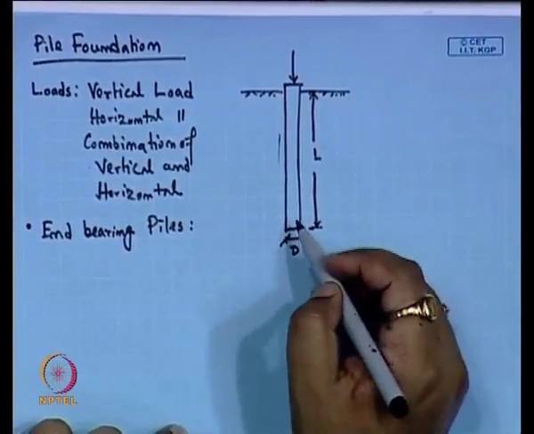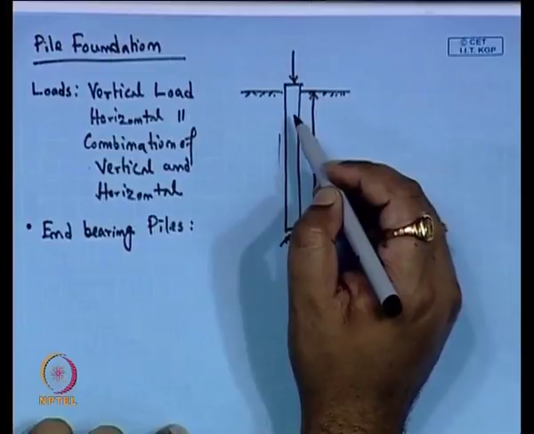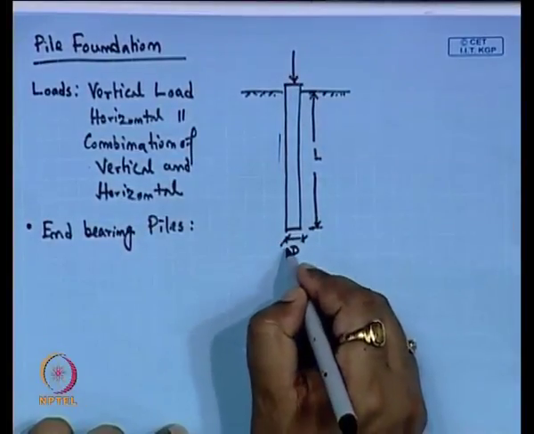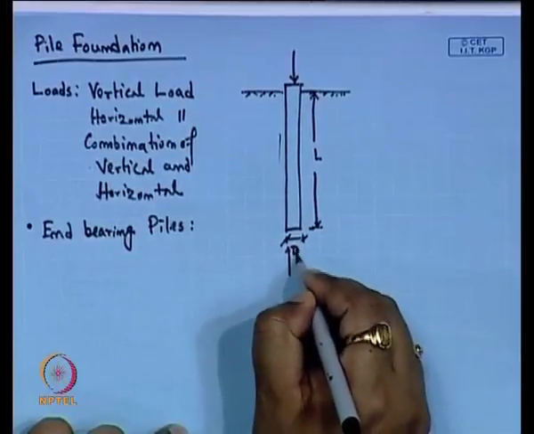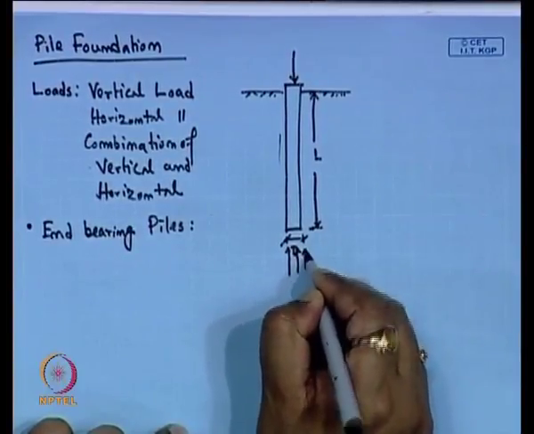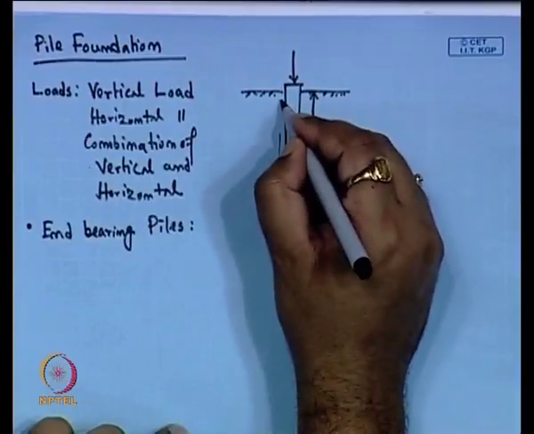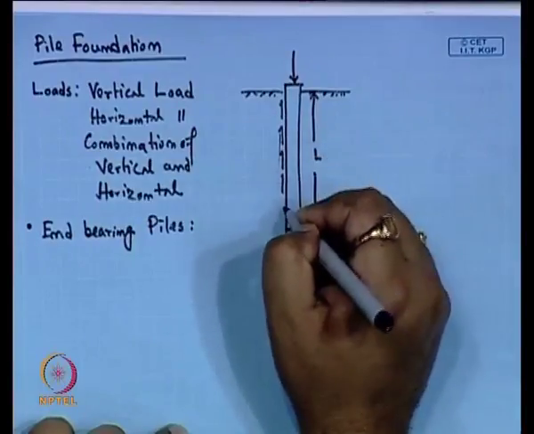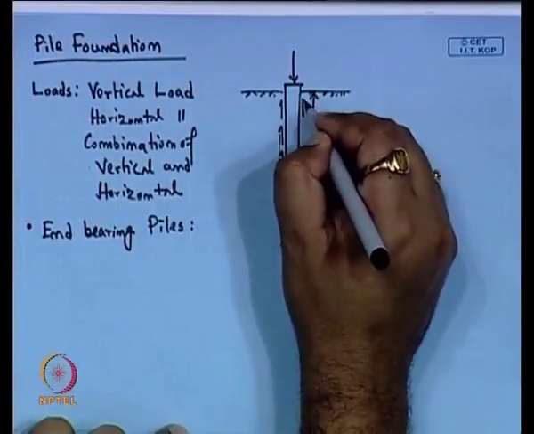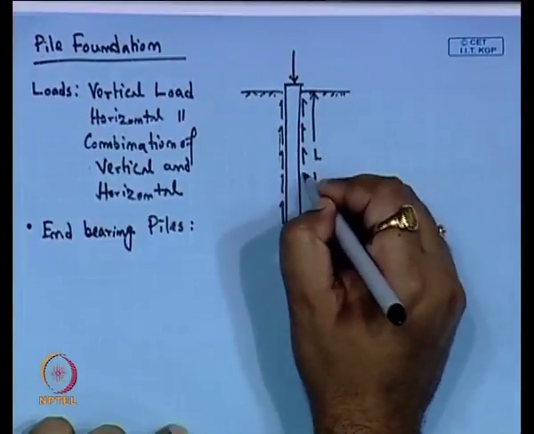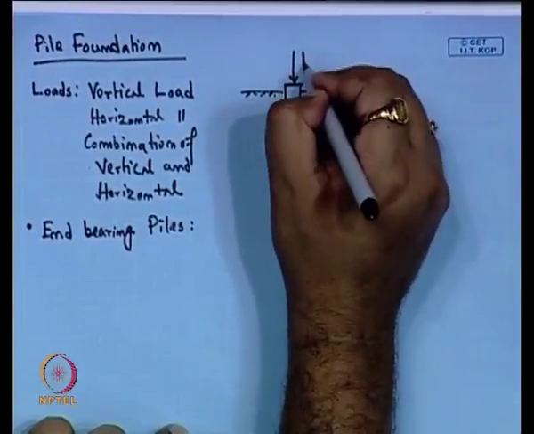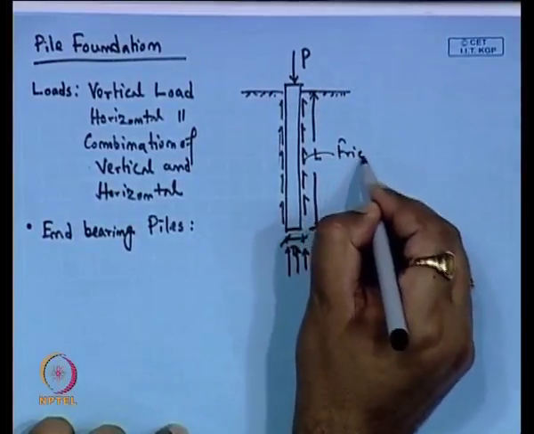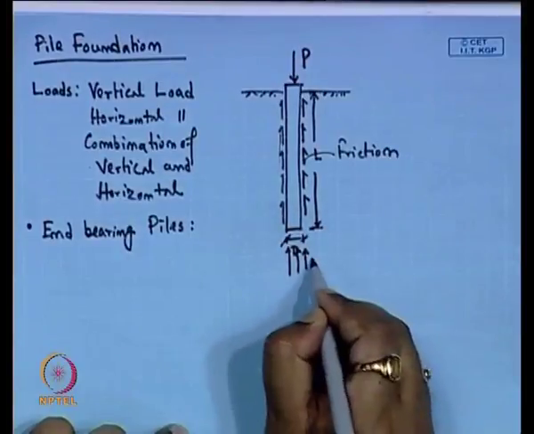The resistance this pile is getting from the soil is, one, the bearing, that is the resistance at the bottom of the pile tip, and another, the resistance from the friction between the pile surface and the soil. If this is the load P acting here, this part is due to the friction and this is end bearing.